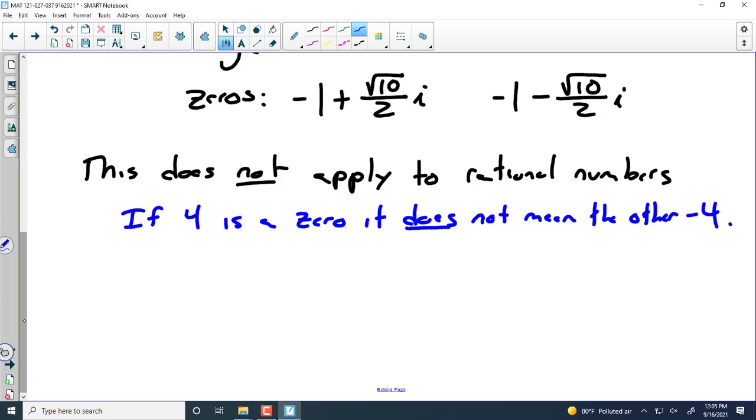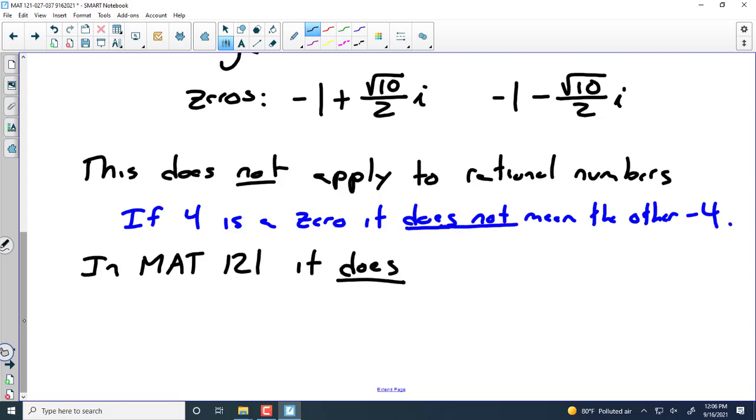So if 4 is a zero, that does not mean that the other zero is negative 4. This does not mean that they're always plus and minus. In Math 121, it does apply to irrational zeros.